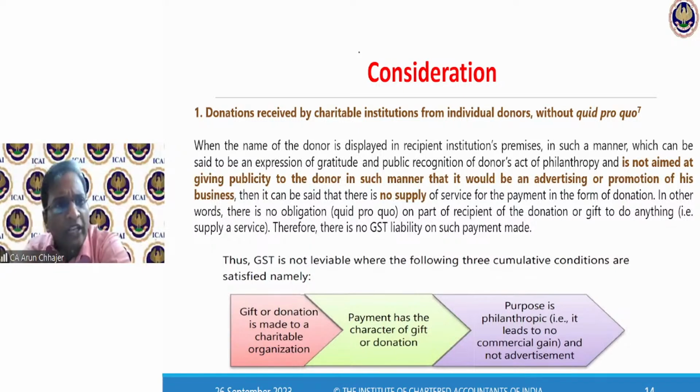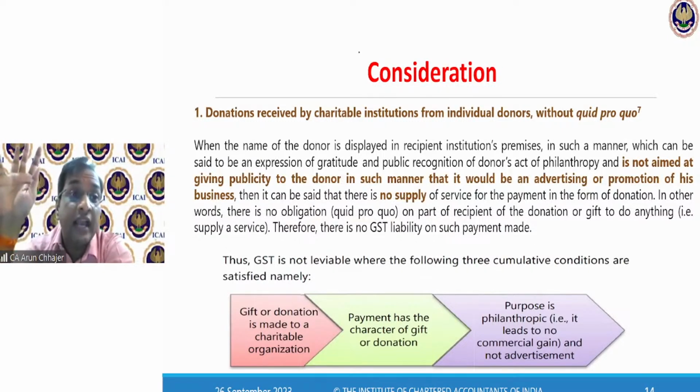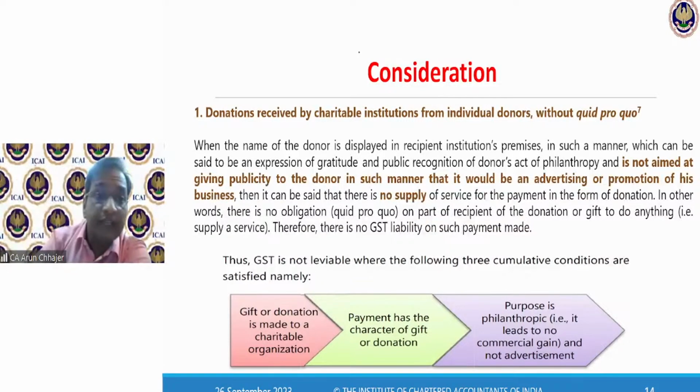Sometimes they will only use my name, without disclosing my business entity or my business nature. Again, it is only the gratitude that they are giving, and otherwise it is not considered as supply at all. Let's read the context.